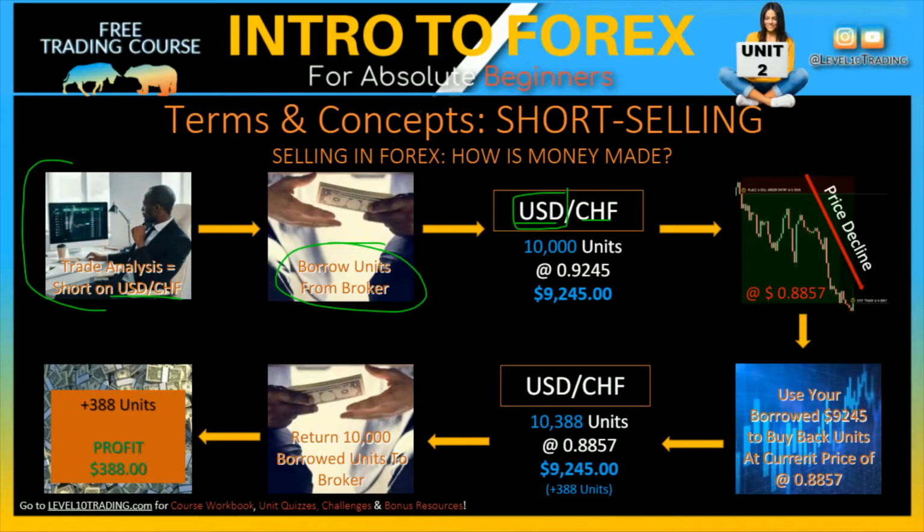The price of the dollar franc is currently trading at 0.9245. So you take these borrowed units and you sell or short them at the price that this pair is currently trading at, this 0.9245, and it costs you, remember this amount right here, $9,245, and that's essentially what you have now borrowed from your broker.